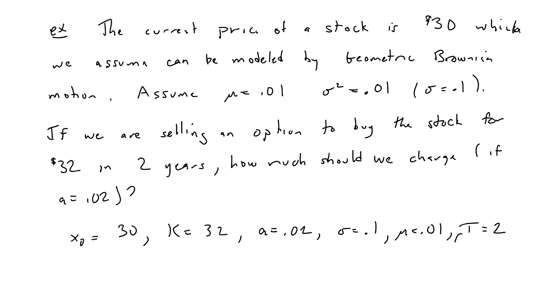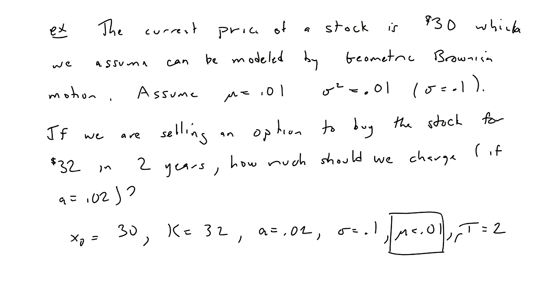A little thing which I've been told about, but I'm not sure I completely believe, is that I give you a drift parameter, but if you look at the solution for the option price, mu doesn't come up.